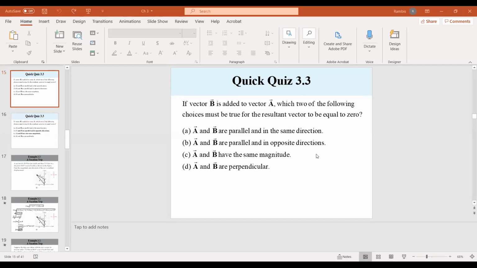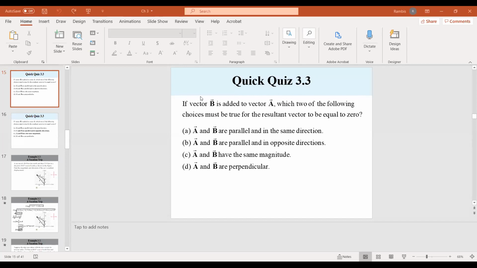I cannot. All right. Can you see my PowerPoint? Hello? Yes. Yes. Now I have this question. If vector B is added to vector A, which two of the following choices must be true for the resultant vector to equal 0? You have two choices.